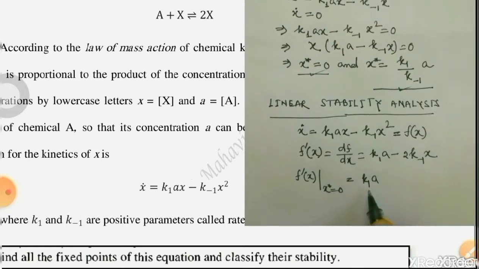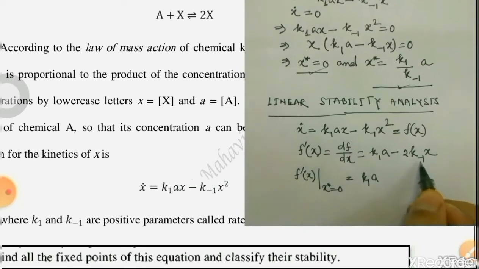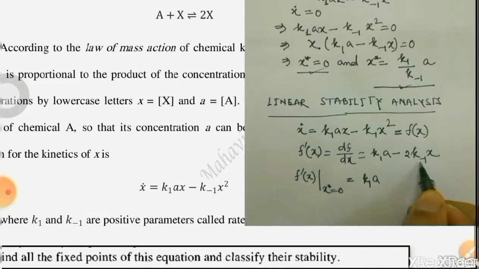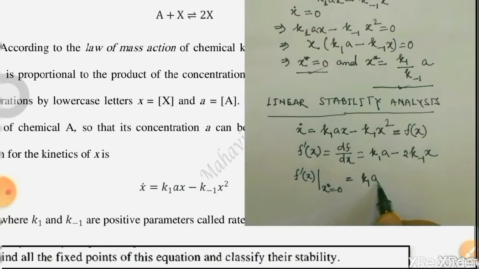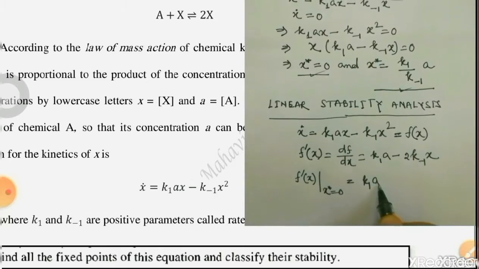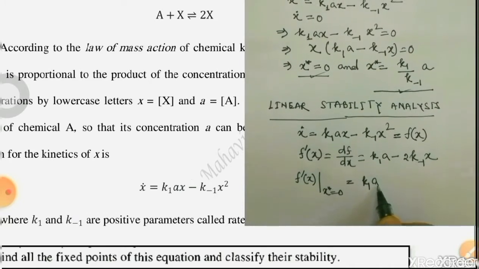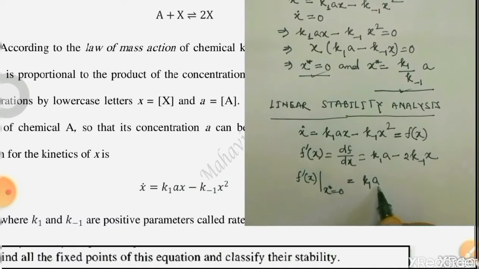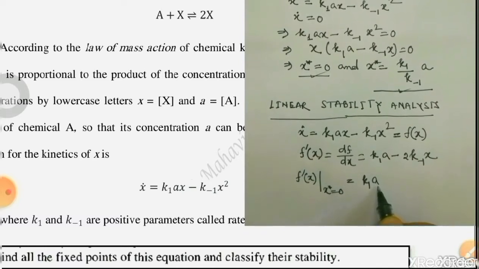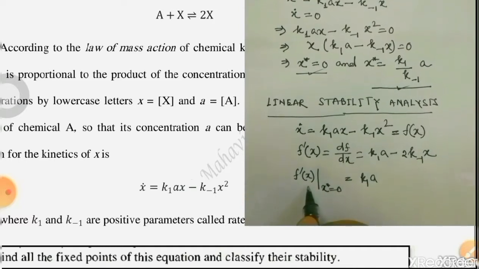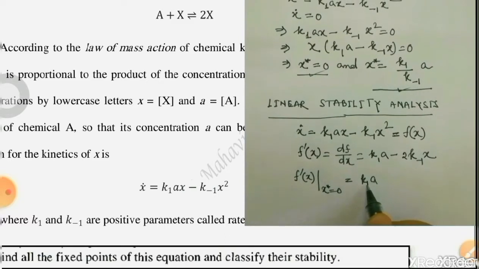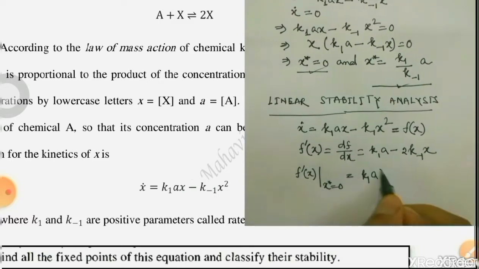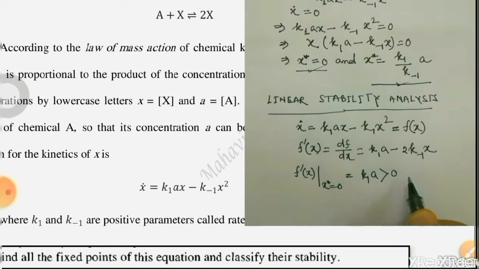Remember that we have assumed k1 and k minus 1, which are the rate constants, to be positive values, and a represents the concentration of the molecules A. Thus small a is also a positive quantity. Therefore f prime x at the fixed point x star equals 0 equals k1 a, which is a positive quantity, that is, greater than 0.